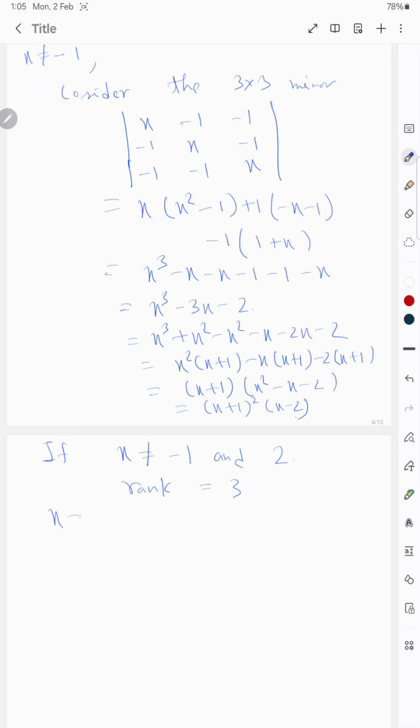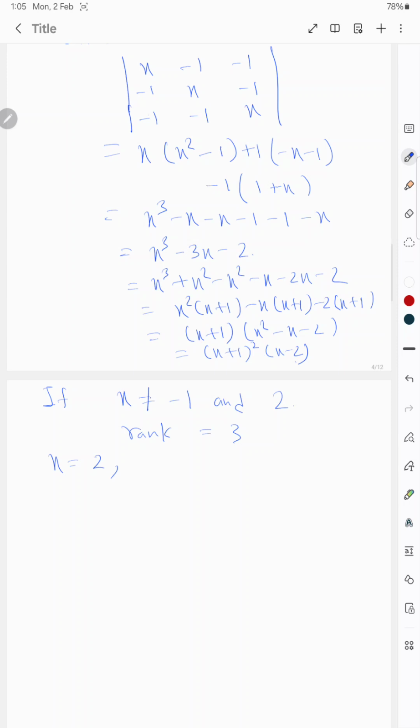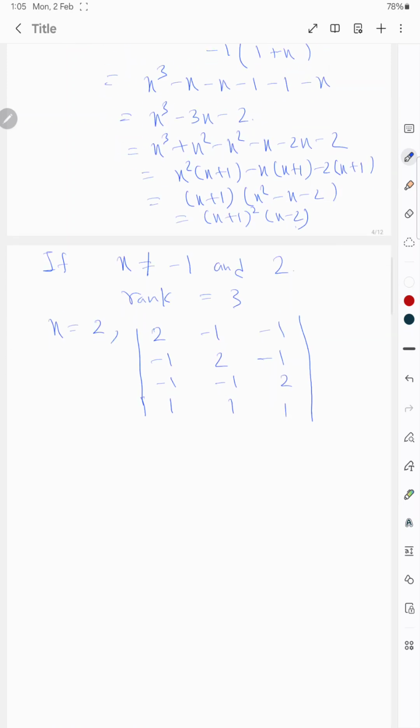Now for x equal to 2, you can substitute the value, right? What you will get: 2, minus 1, minus 1, minus 1; 2, minus 1; minus 1, minus 1, 2; 1, 1, 1. So basically the above 3 cross 3 is 0.